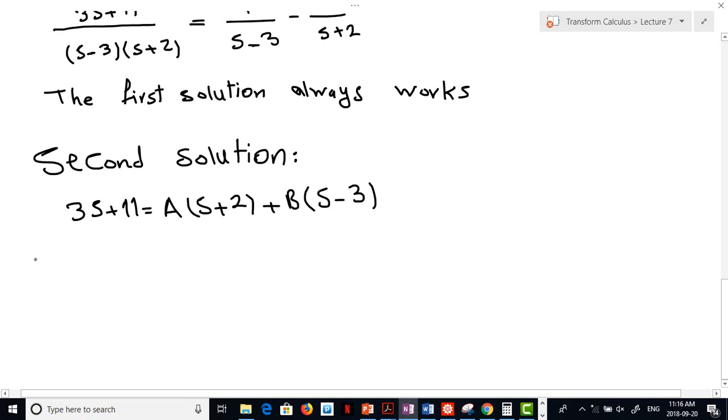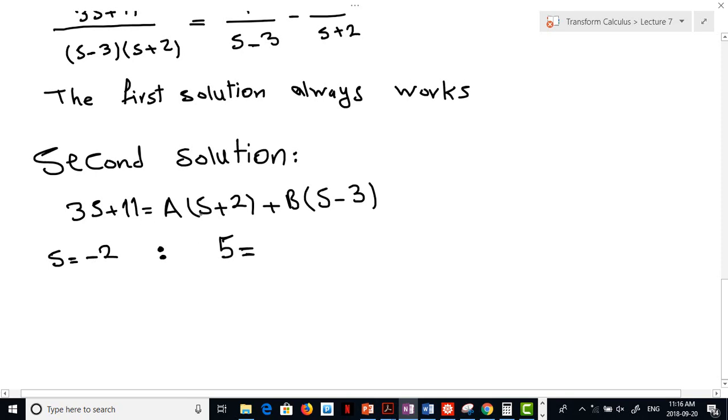As a result, if I plug values of s in the equation, for sure it should work. For the first one, I assume that s is equal to minus 2. What's the left hand side of the equation? We have 3 times minus 2 is minus 6, plus 11 is 5.